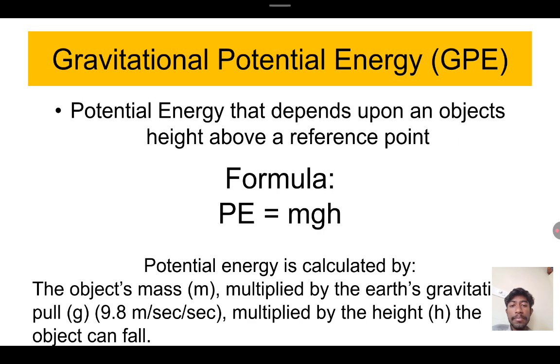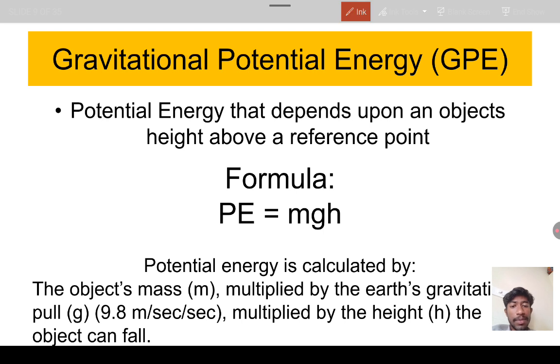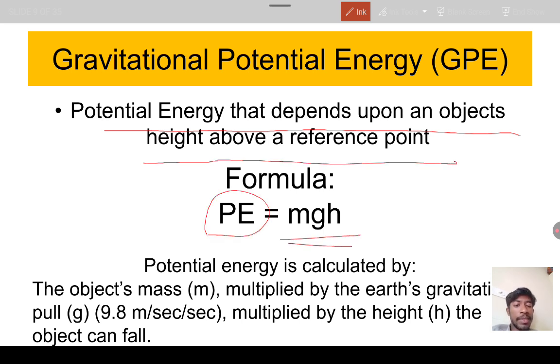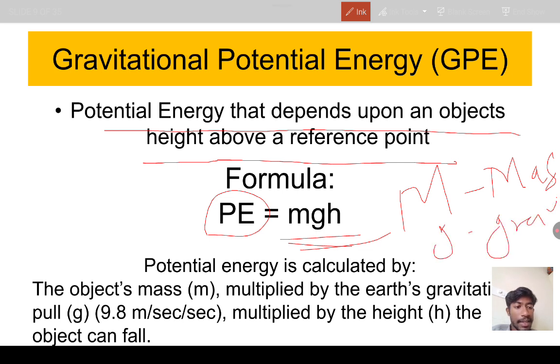See this formula: gravitational potential energy depends upon an object's height above a reference point. Potential energy equals mgh. M for mass, G for gravity, and H for height.